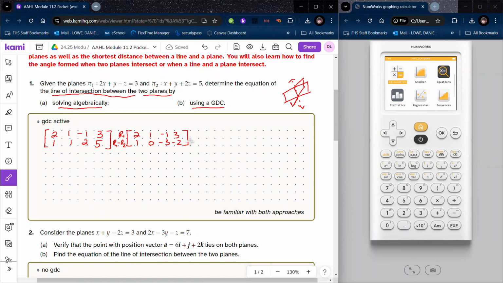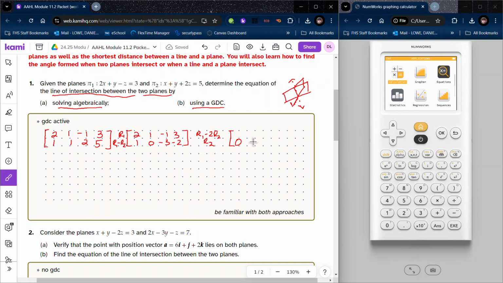And if I do my row reduction once again, because I'm going to try and create 0 in two different locations, what I'm going to do for row 1 is I'm going to say row 1 minus double row 2 now, and I'm going to keep row 2 the same. The reason being is I want to keep this 0 here, but I want to try to make one of the other spots 0, and I'll just go ahead and make this position 0 there. So if I take row 1 and I subtract double row 2, so 2 minus double 1, that's going to give me a 0.